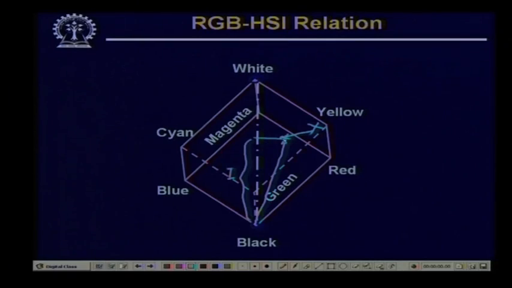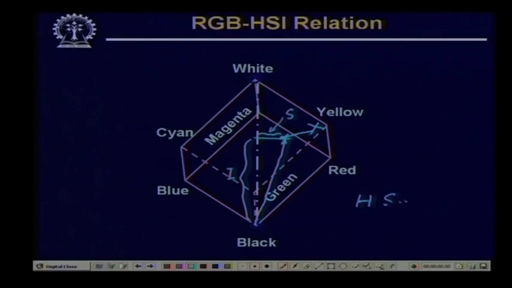So, keeping that in mind, we can say the distance of this point x from this intensity axis tells us what the saturation is that is associated with the RGB components of point x. So, you can very easily compute the intensity and saturation corresponding to any RGB point given in the RGB space. Now, the next question is computation of the hue component.